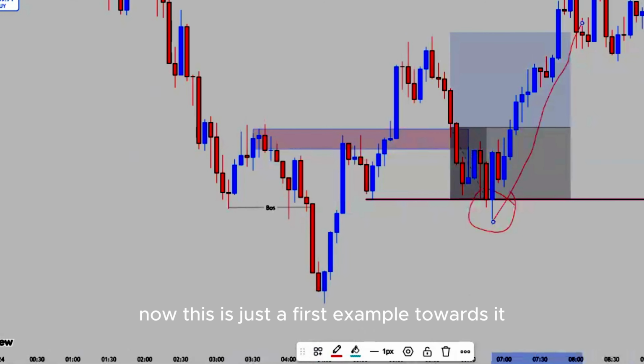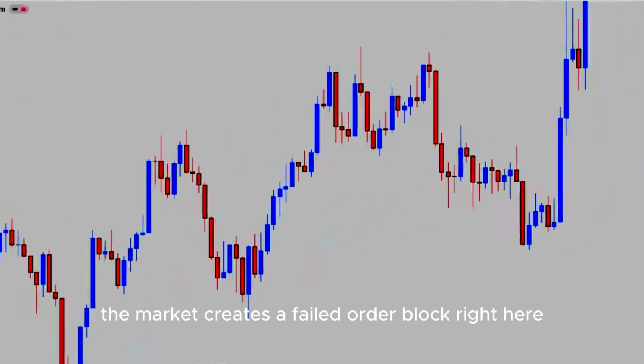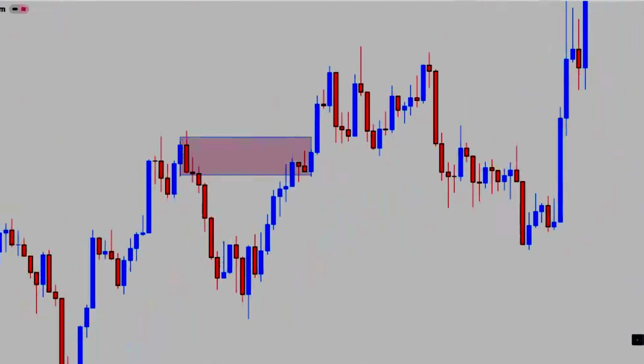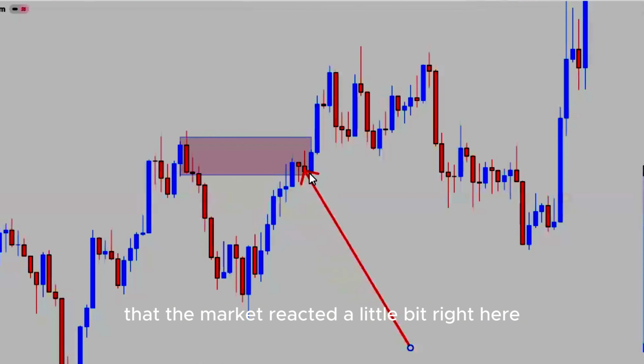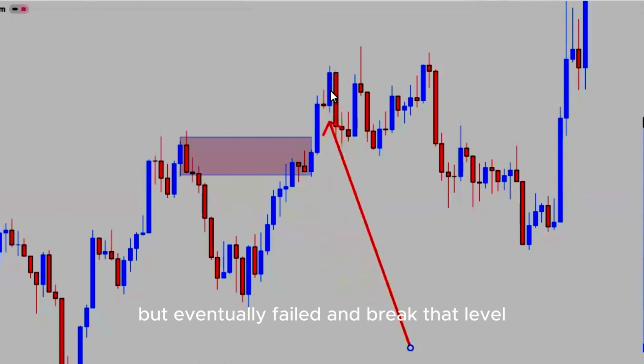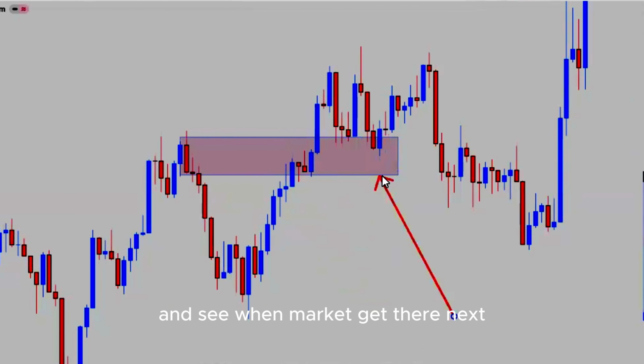Now, this is just the first example. Let me walk you through the next example. The market creates a fade order block right here. You can see clearly that this is an order block that the market reacted to a little bit right here, but eventually failed and broke that level. Then you elongate it to the future and see when the market gets there next.